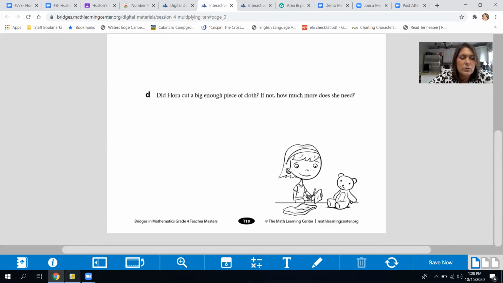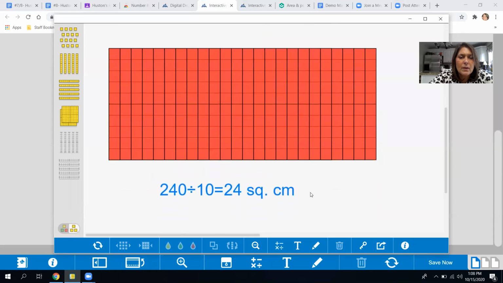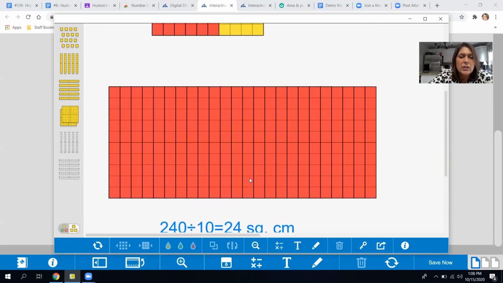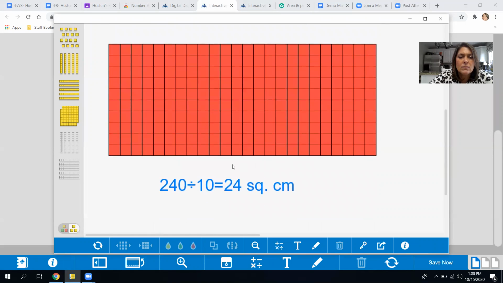So think back to our problem. Okay, this was what she originally cut, 60 square centimeters of cloth. This is what she needed, 240 square centimeters of cloth. I'll even write that up here, 10.